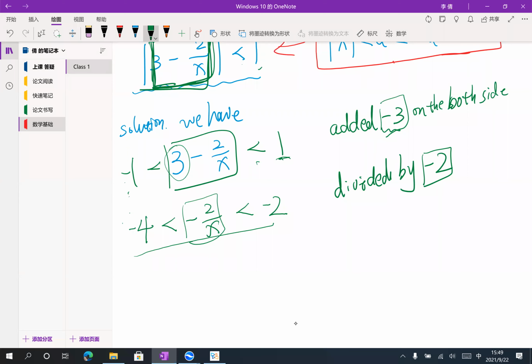This will be plus 2, so minus 4 divided by minus 2 gets 2, right? And if we divide by a negative number, it will reverse the inequality. So if this is smaller than, then it will become larger than, right?